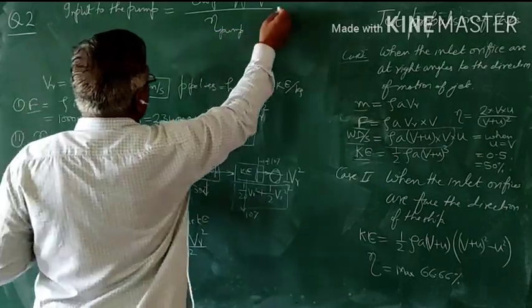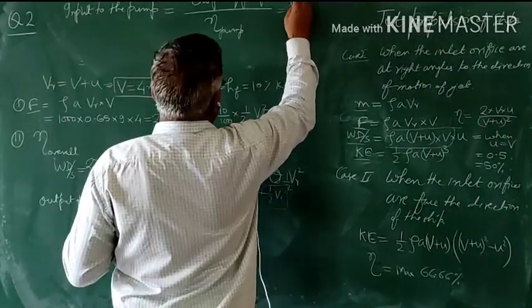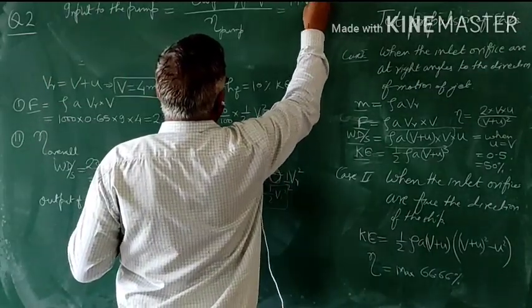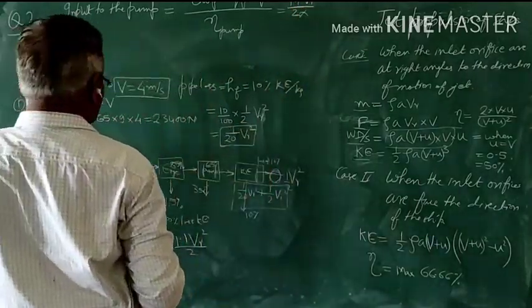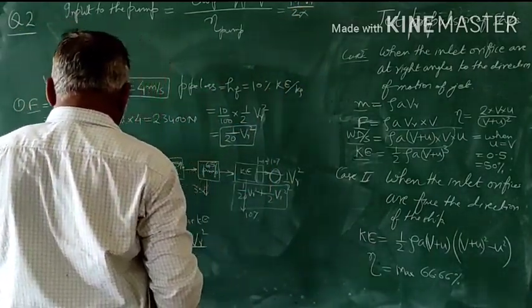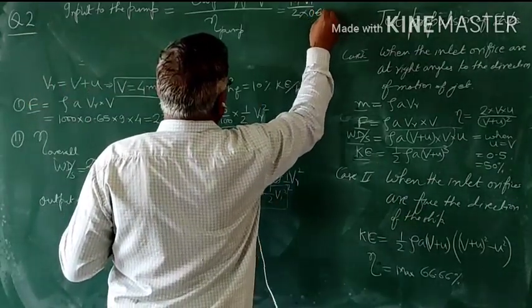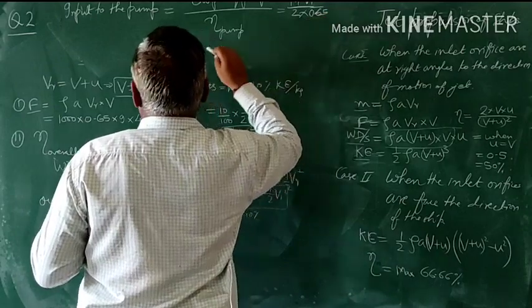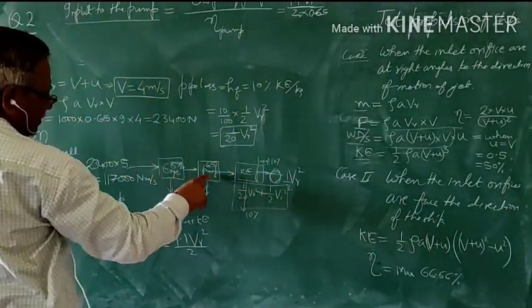So we know the output of the pump is equal to 1.1 Vr square by 2 and the efficiency of the pump is given as 65%, so divided by 0.65. So this is the output, this is the input to the pump here.